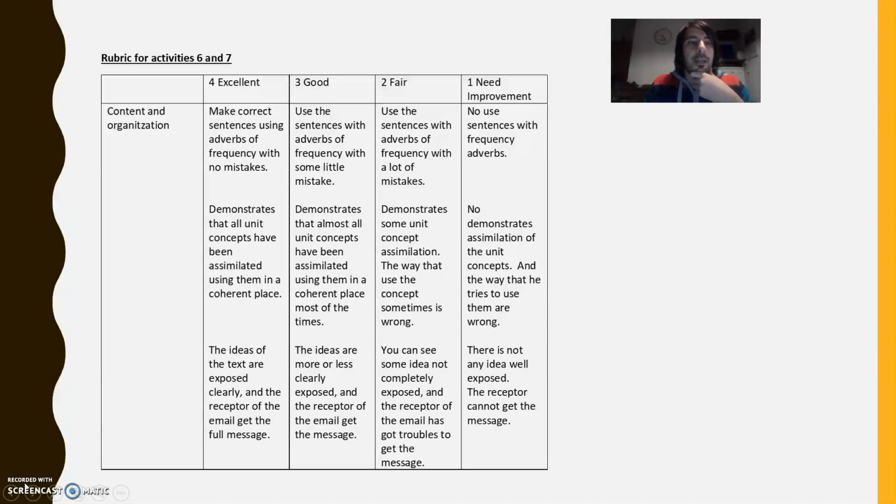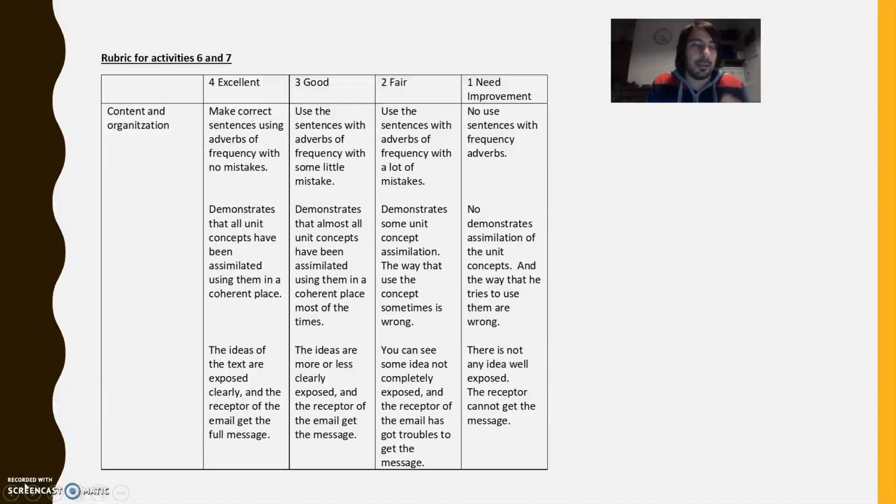And this is the rubric for activities 6 and 7. For example, for activity 6, an excellent will be making correct sentences using adverbs of frequency with no mistakes. And needs improvement, for example, will be not using sentences with frequency adverbs.